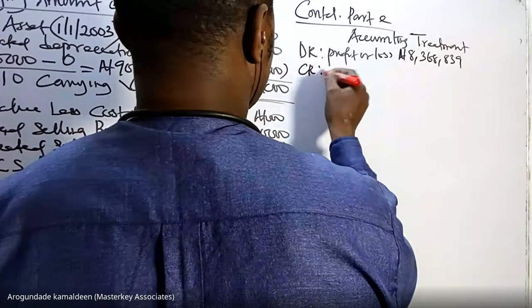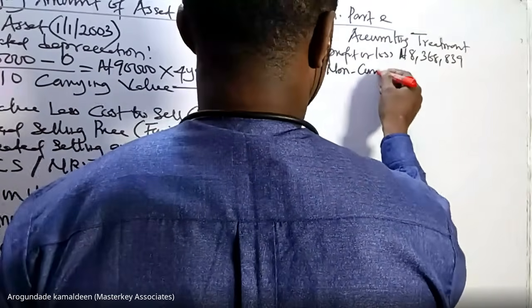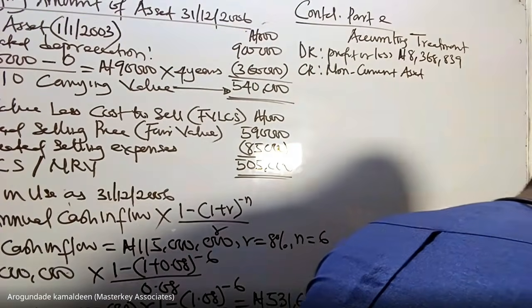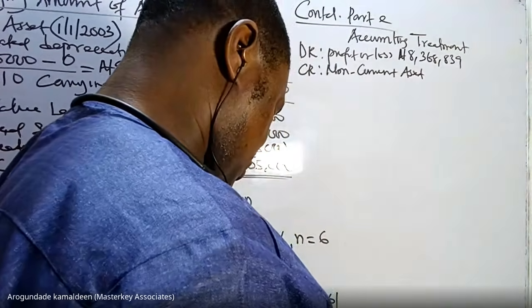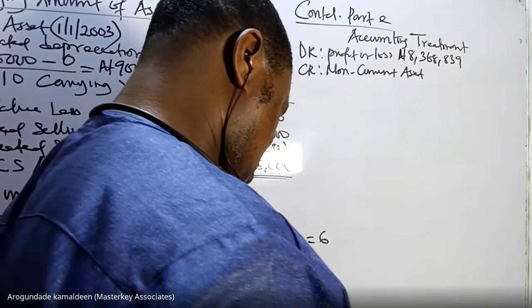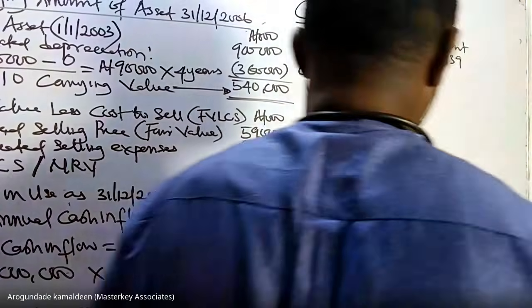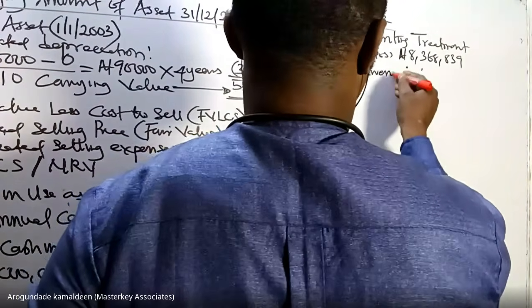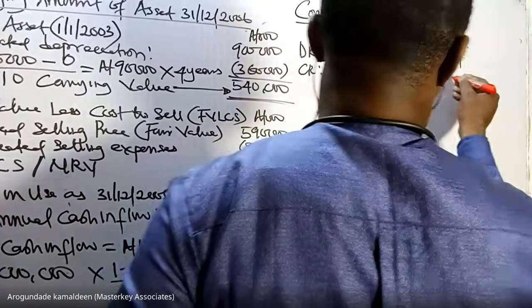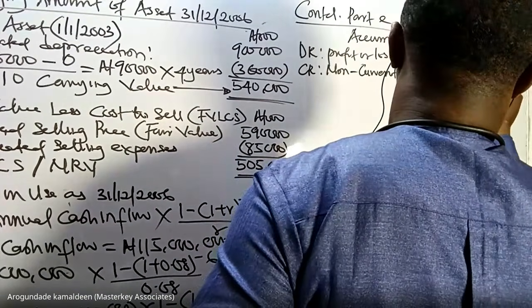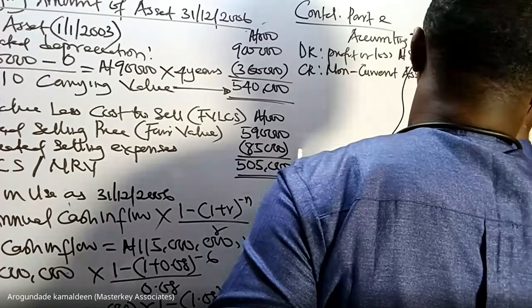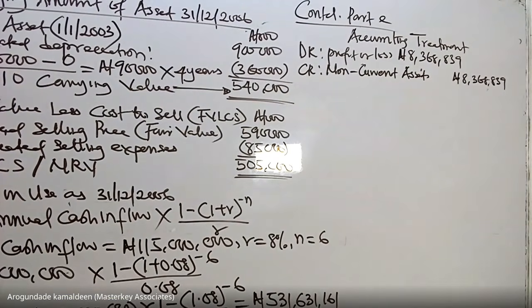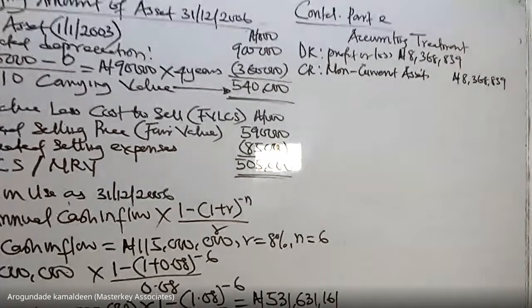You also credit the non-current asset. Anyway, you don't have the name, but just act as non-current asset, 8,368,839. That is that.